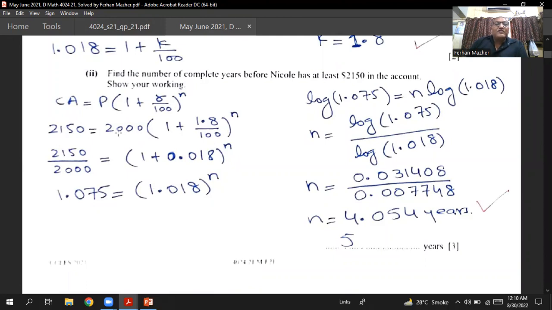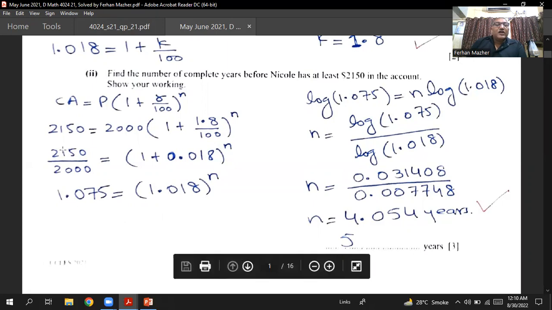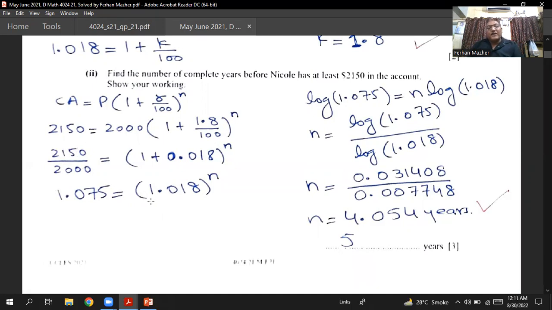So 2150 divided by 2000 is equal to bracket 1 plus 0.018 bracket close raised to power n. When you divide 2150 by 2000, you get 1.075 equals bracket 1.018 bracket close raised to power n.